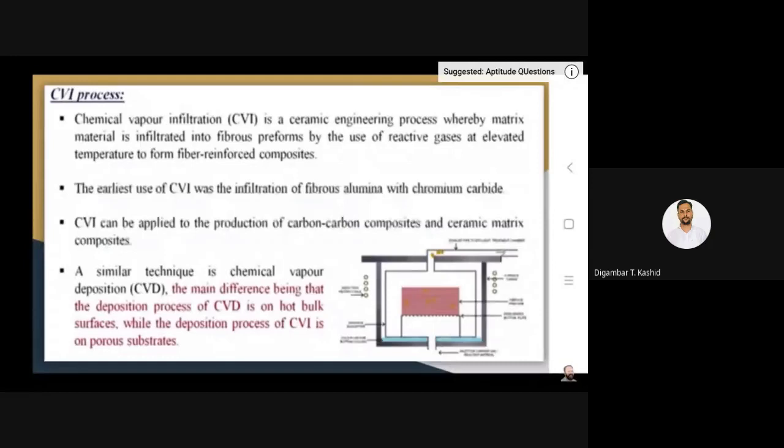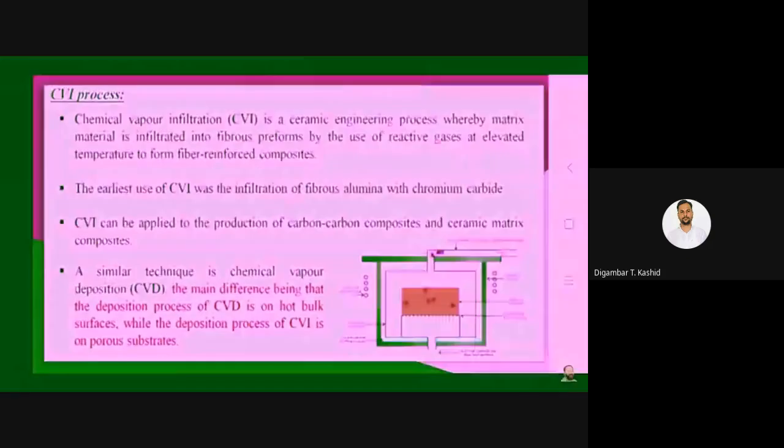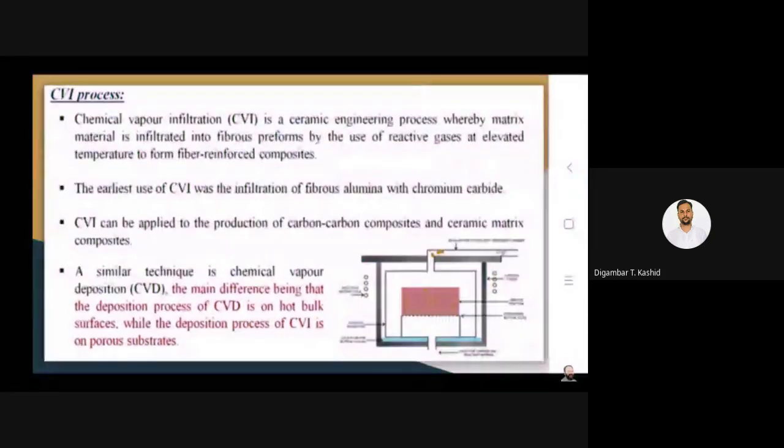So not only can you make the composite there, here you cannot only do the coating of a particular material, you can do the coating of particular composites too. Here this CVI was the infiltration of the fibrous alumina with chromium carbide. CVI can be applied to production of carbon composite and ceramic matrix composite.